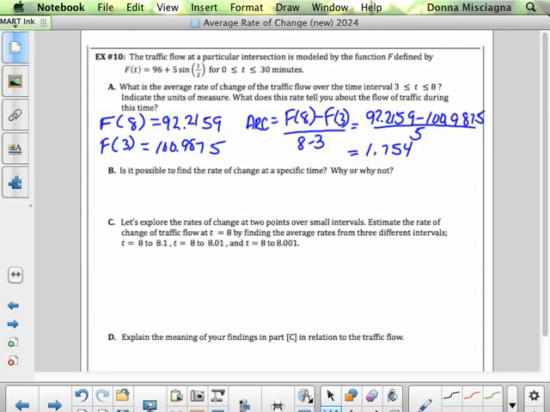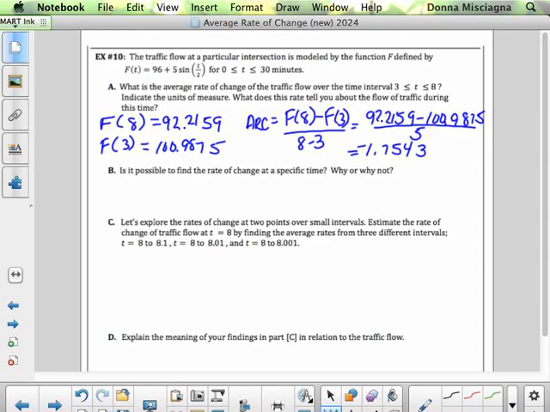If you want the 4th decimal place, give me 1 second. It was a 3. I forgot to write that down. Negative 1.7543. Indicate the units of measure.